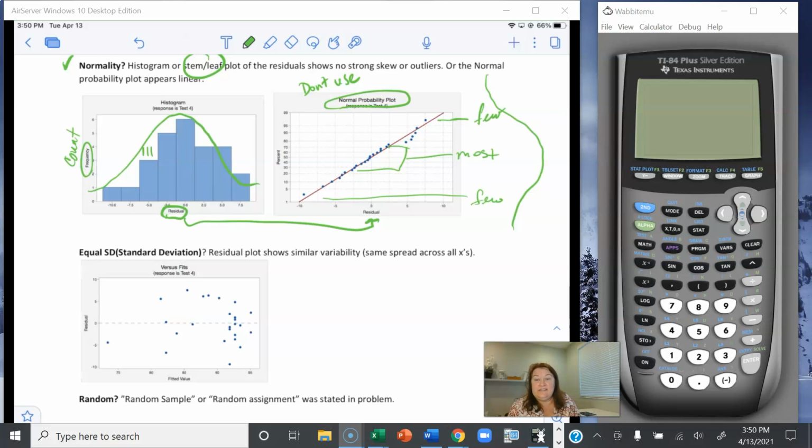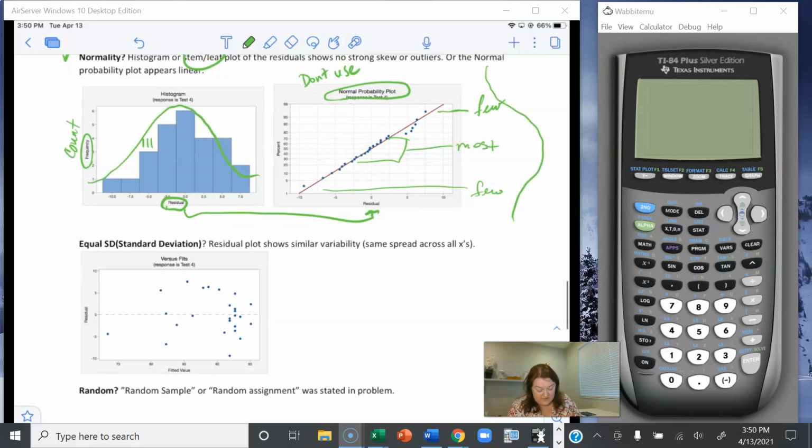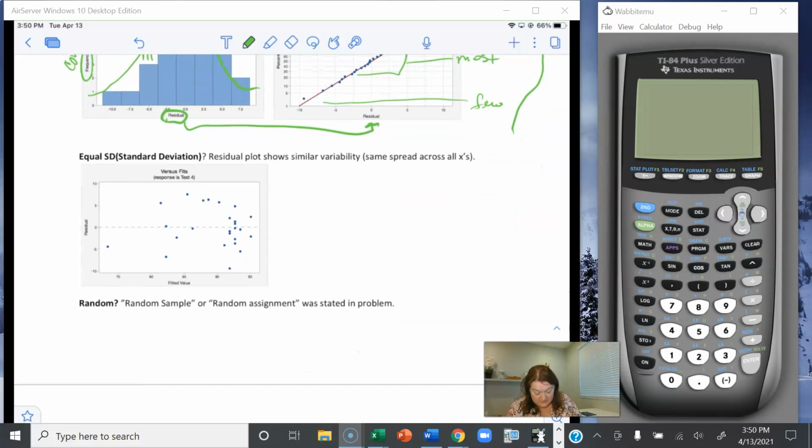E, equal standard deviations. Okay, so for this one, we're going to be looking at the residual plot. This is the same one from the one that we got in the beginning. Okay, exactly the same one. And what we're looking for is about the same spread across all the x's. So again, we want to continue with these tests, so we want to be able to say they pass.